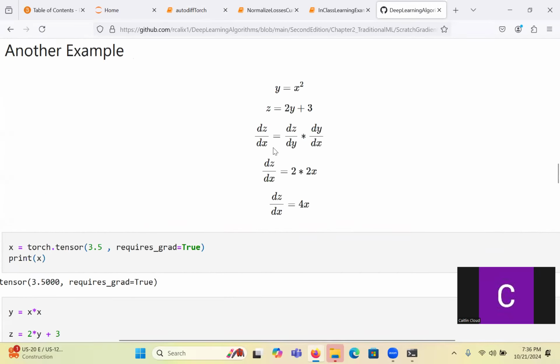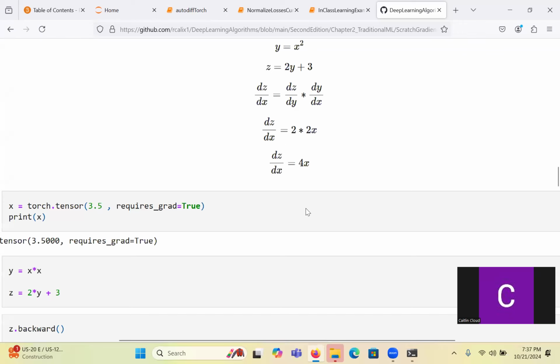You can see the derivative of z in terms of x with the chain rule is dz over dy times dy over dx. And the simplification of it is 4x basically. So the derivative of this is 4x.